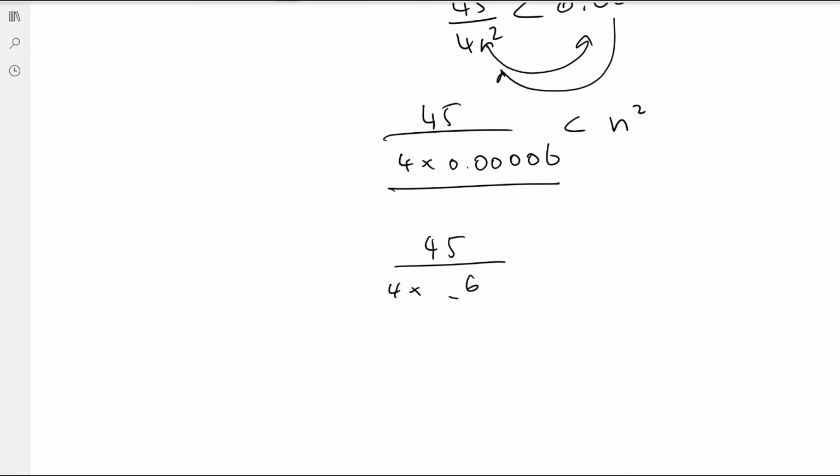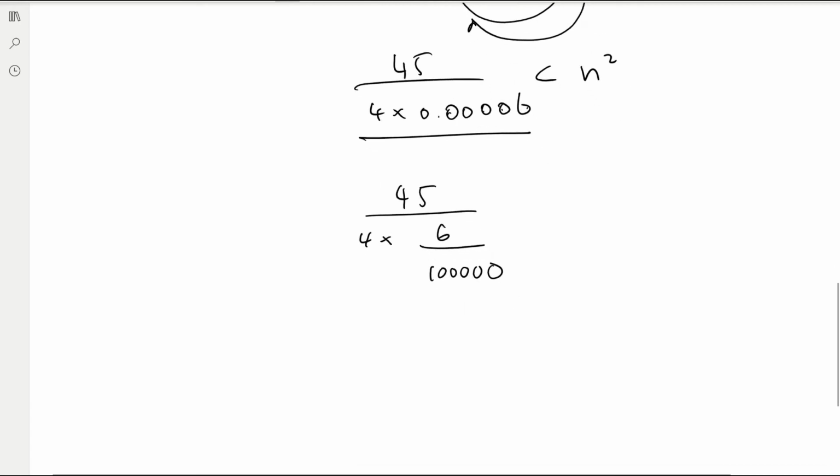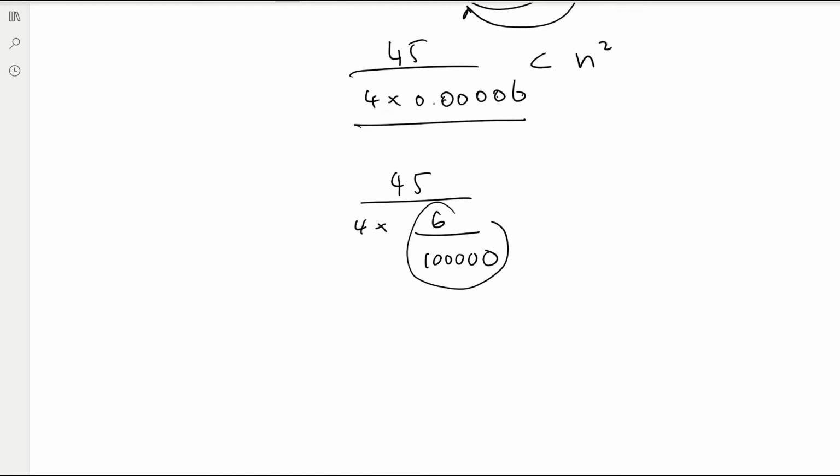So this 6 is 5 decimal places, so it's dividing by 100,000. So I can take the reciprocal and multiply, so it's 45 with 5 zeros over 6 times 4 is 24, less than n squared.